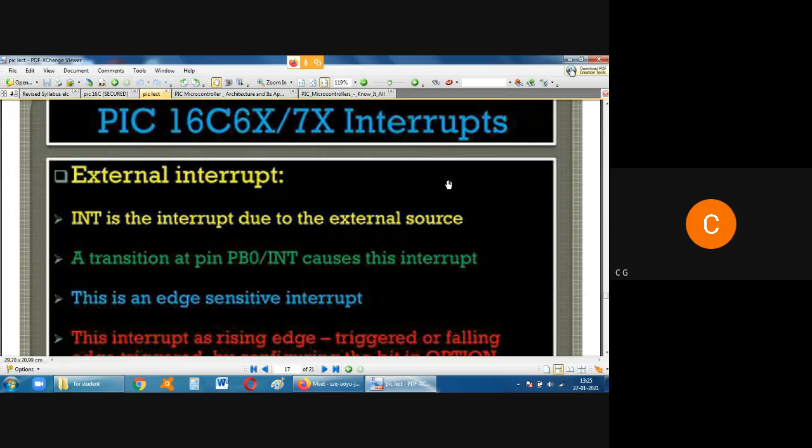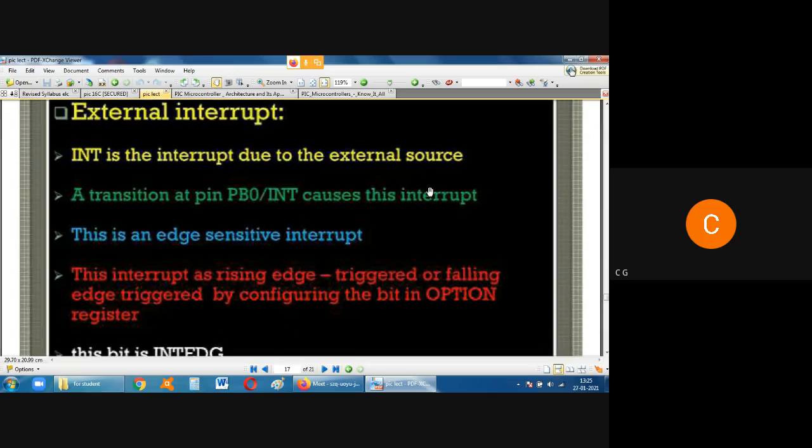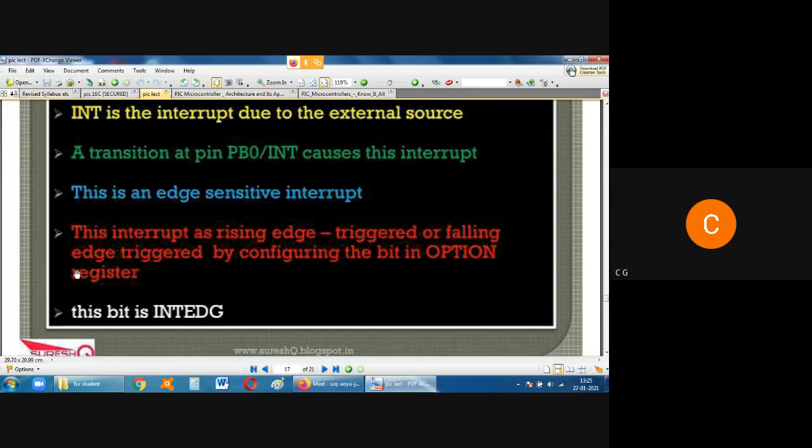Then there are different interrupts which are categorized in this. INT is the interrupt due to the external source. A transition at pin PB0 causes this interrupt, and this is an edge sensitive interrupt. So when you have edge triggering, it will sense this interrupt as a rising edge trigger or falling edge trigger by configuring the bit in the option register.